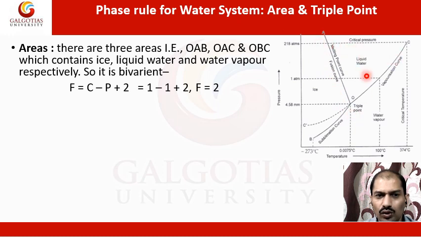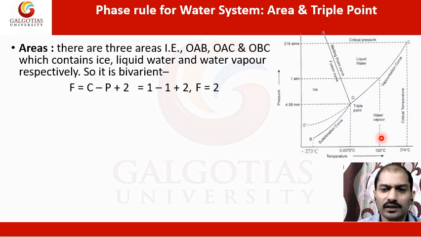So component is 1 and phase is 1, and in the formula F equals C minus P plus 2, P will be 1. Similarly, OBC, this whole area, is the vapor phase. So only one phase is there.